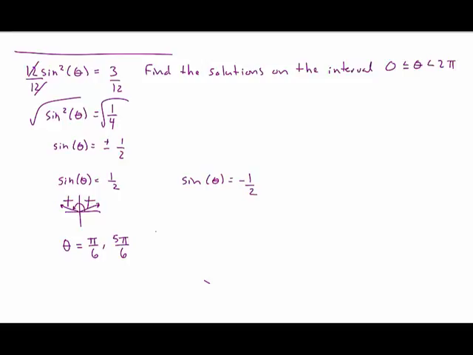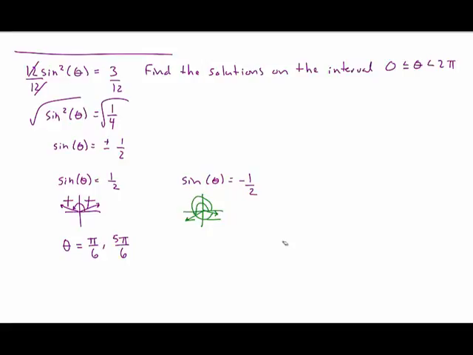So there's two solutions. Now over here on my next graph, this is saying sine theta is negative. So sine theta is negative in the third and in the fourth quadrants. So I will have an angle here, and I'm not going to use a negative angle because this says my angles have to be between 0 and 2 pi. So I'll have this angle, and then I'll have this other angle as well.